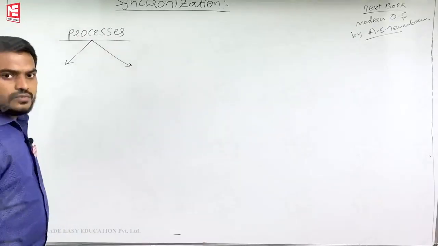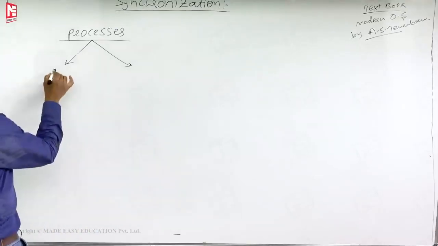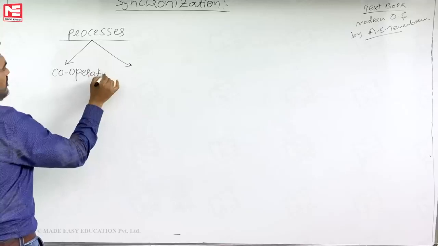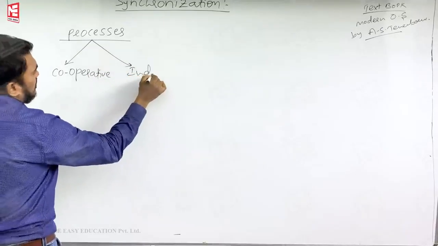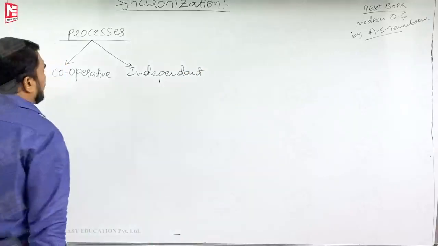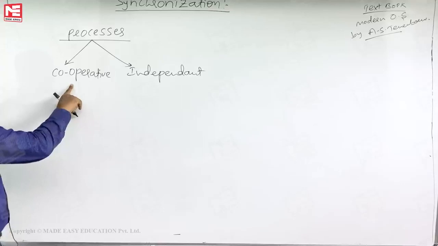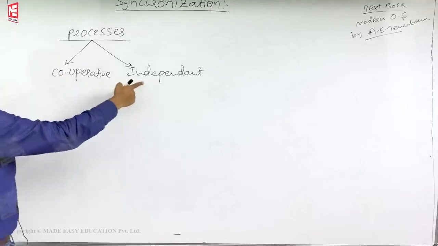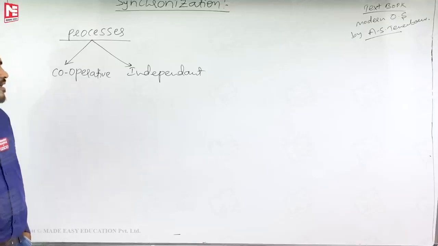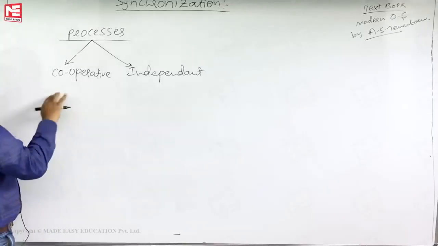Make a note: one is cooperative processes and the second one is independent processes. Now note down in the next line.